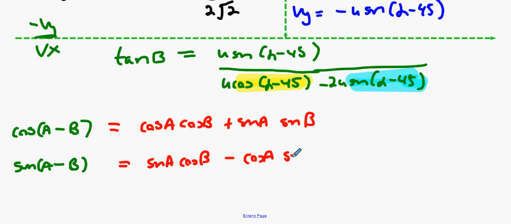Now, we're going to alter this slightly. So what we're going to do is anywhere I see A, I'm going to put in alpha. Anywhere I see B, I'm going to put in 45. And I'm going to do the same thing for the second one. That's going to be alpha minus 45 as well.